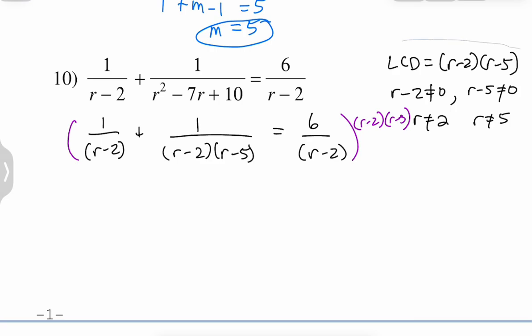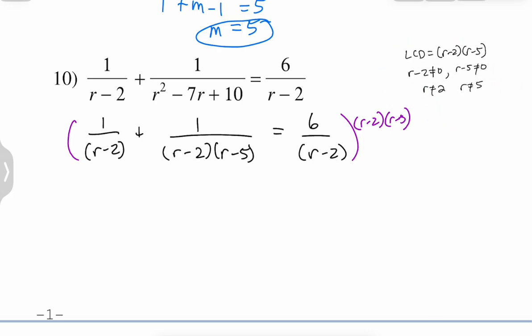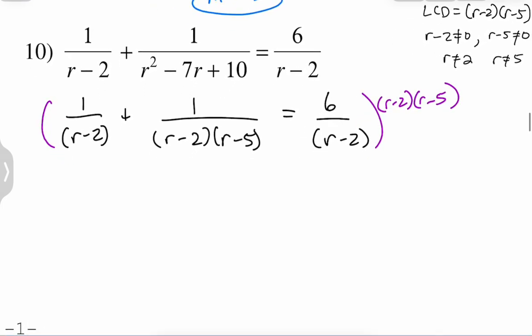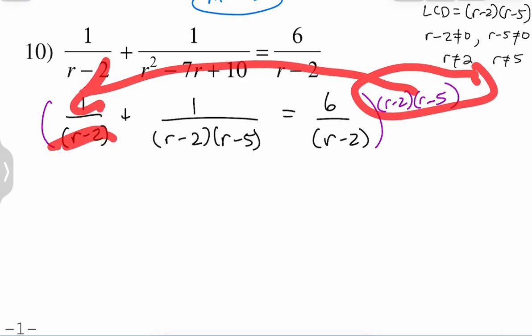Let me scooch this over a little bit. Okay. So what happens when we do that? Well, really, remember, you're multiplying by the tops. So if I multiply this on top here, the r minus 2's get scratched out.